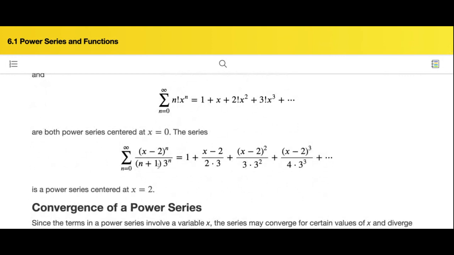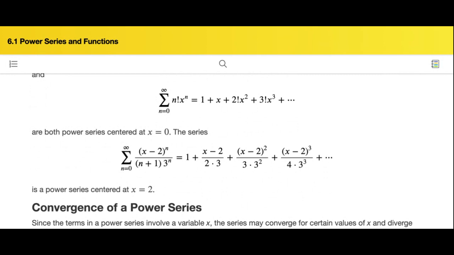Well, let's see this one. What's the coefficient? What's Cn? Cn is 1 over (n plus 1) times 3^n, right? That's Cn. And then the x term will have (x minus 2)^n. So this is a power series centered at 2, with Cn equal to 1 over (n plus 1) multiplied by 3^n.